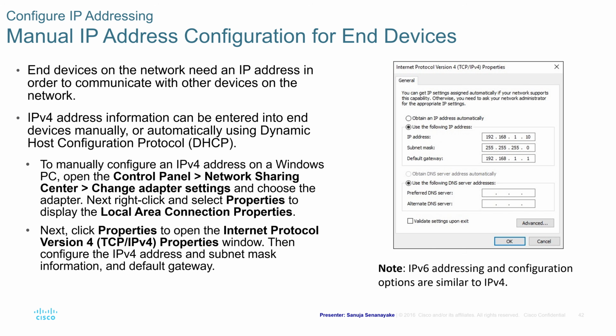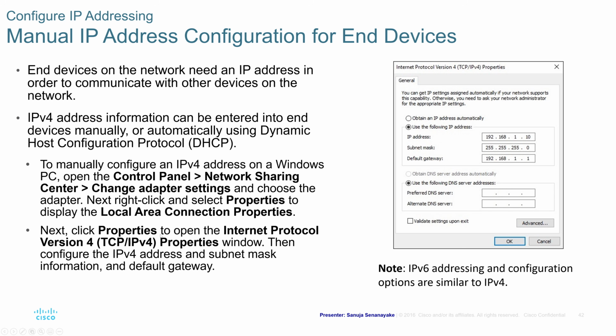IPv4 address information can be entered into end devices manually or automatically using Dynamic Host Configuration Protocol, or DHCP. To enter IPv4 manually on a Windows PC, which most people are familiar with, you basically go to the Control Panel, Network and Sharing Center, Change adapter settings, and choose the adapter, just like shown here on the right hand side.